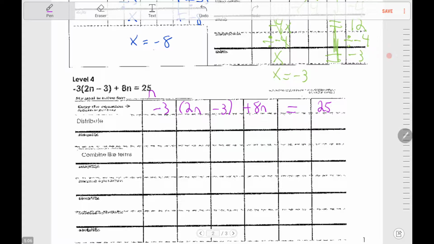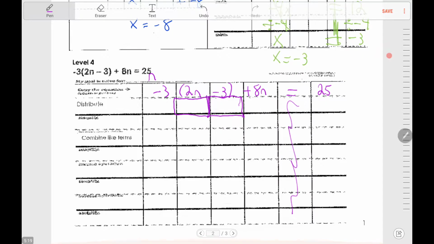We still have to combine like terms, but now we're going to combine a variable. So same game, we're always going to distribute first, and what are we putting in this first box? -3 times 2n and -3 times 3.